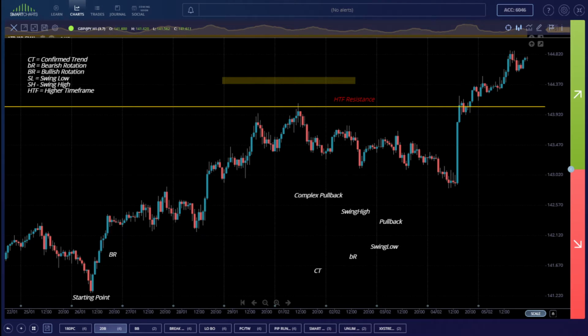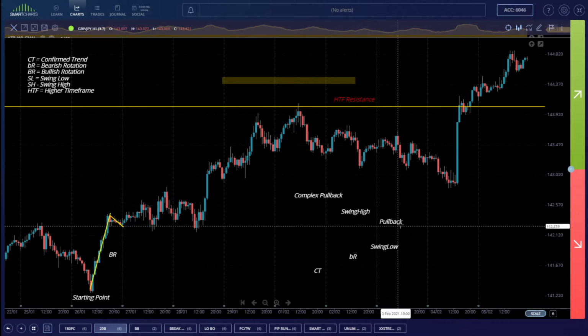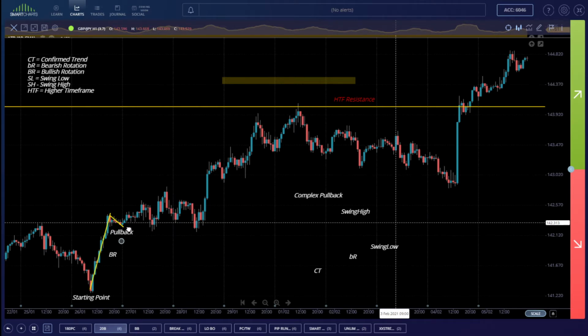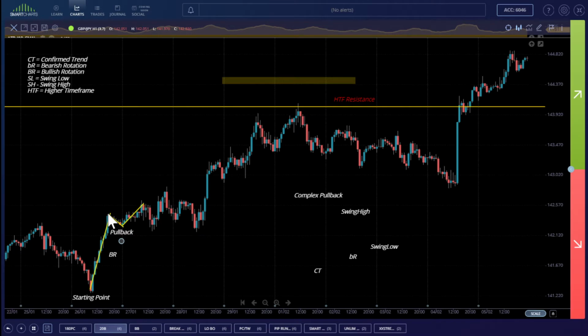So then you'd see this is one leg, then we've come down. It's made just a regular pullback, because from here we've gone and closed higher than this level. Price has come back down and it hasn't closed below.